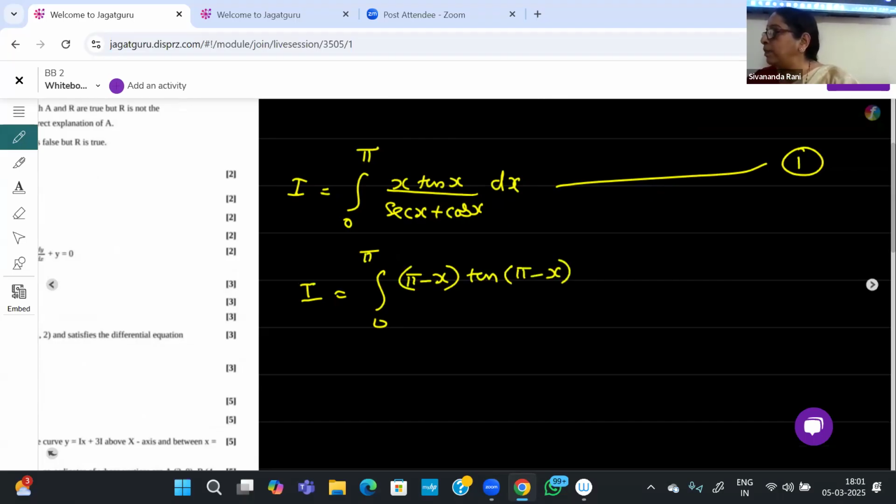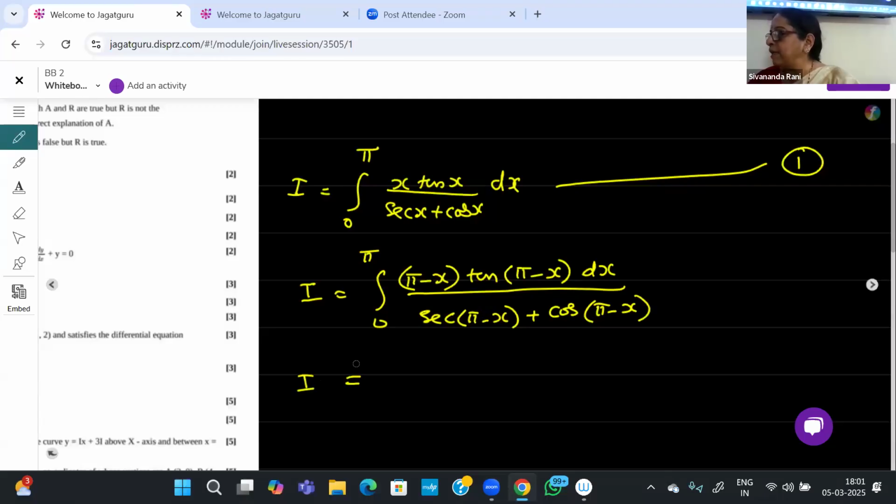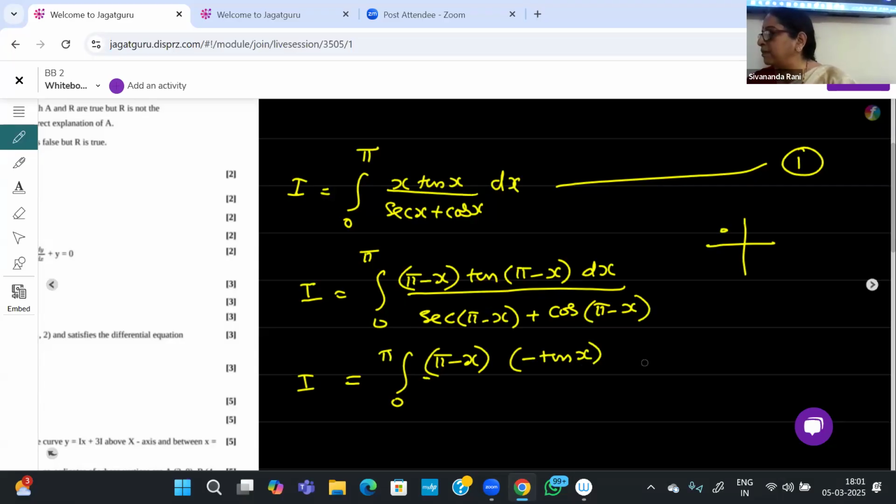In property problems, you'll be pleasantly surprised to know that when you apply the property like this, if instead of x you put upper limit minus x, they give you half a mark. And in the next step, if you write it correctly, this is pi minus x, right? And tan of pi minus x, note that pi minus x will be in the second quadrant and all these become negative there.